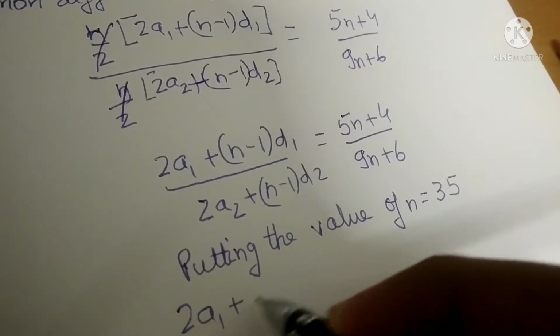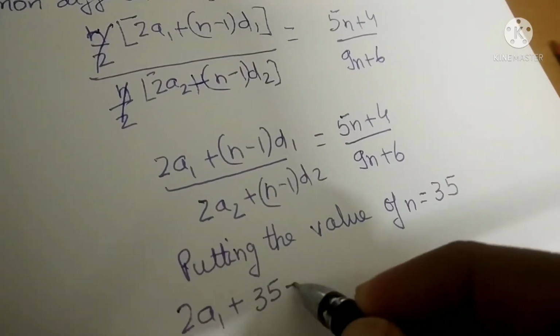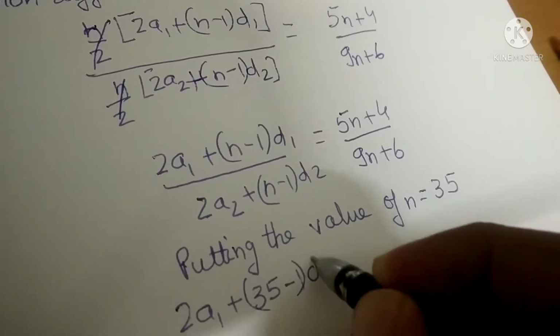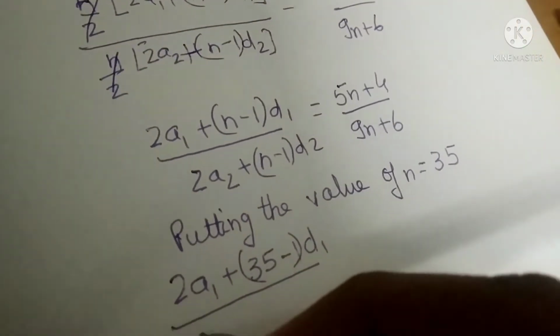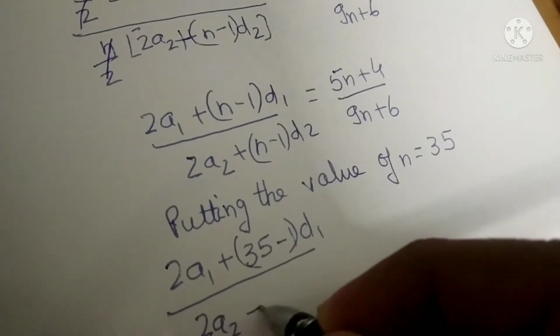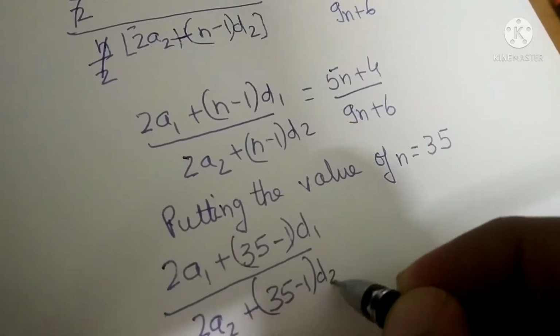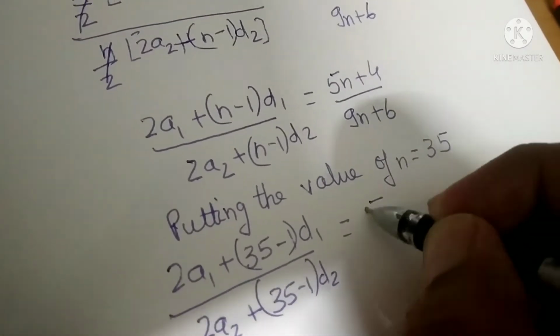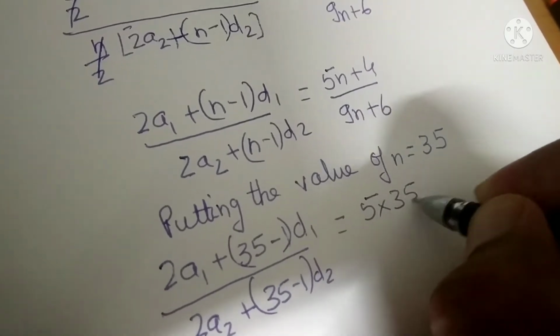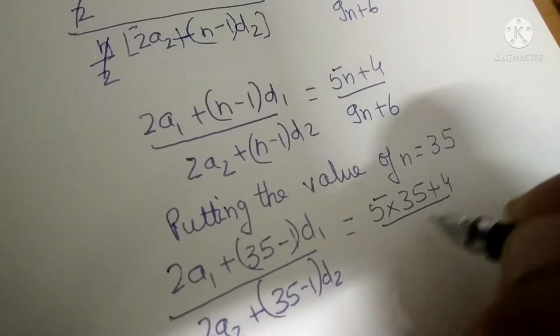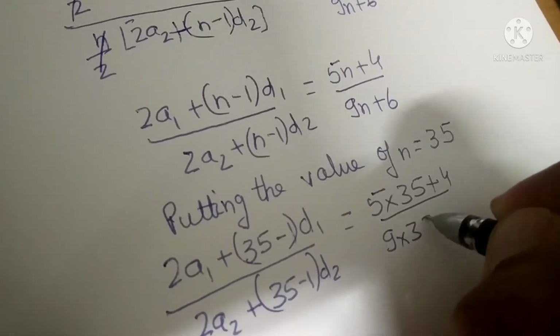So 2a1 plus 35 minus 1 whole into d1 divided by 2a2 plus 35 minus 1 whole into d2 is equal to 5 into 35 plus 4 divided by 9 into 35 plus 6.